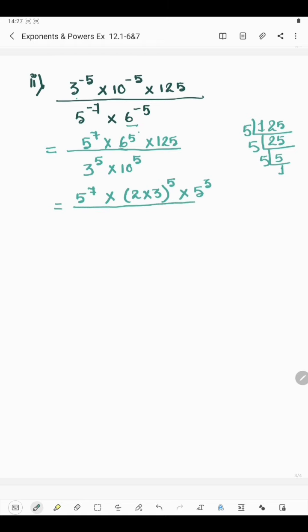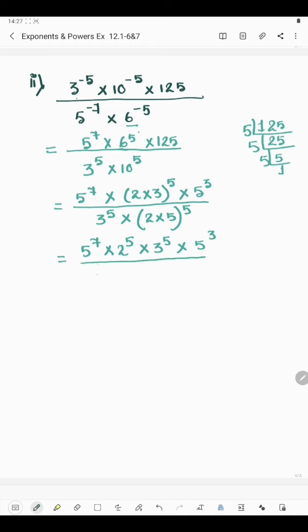Now in the denominator we have 3 to the power 5, which will remain the same, multiplied by, in place of 10, we can write (2 into 5) to the power 5. Now 5 to the power 7 will remain the same. Now we will remove the brackets, and as 5 is the power of both, we write 2 to the power 5 multiplied by 3 to the power 5 multiplied by 5 to the power 3, which remains the same.